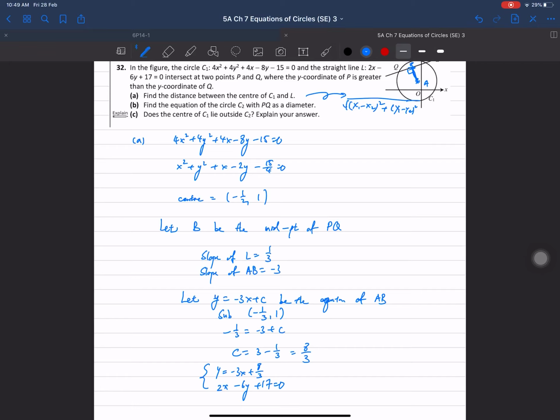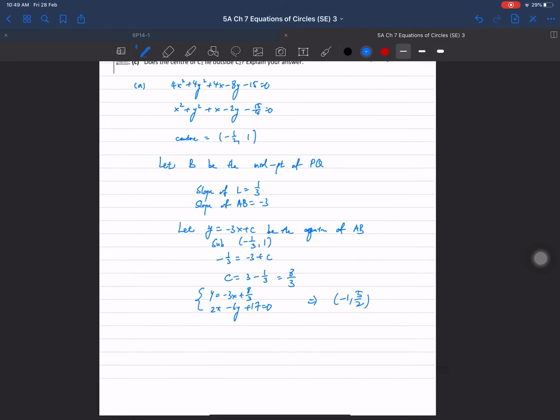Okay, the midpoint is equal to, you can solve it, (-1, 5/2). After that, you can use the distance formula.